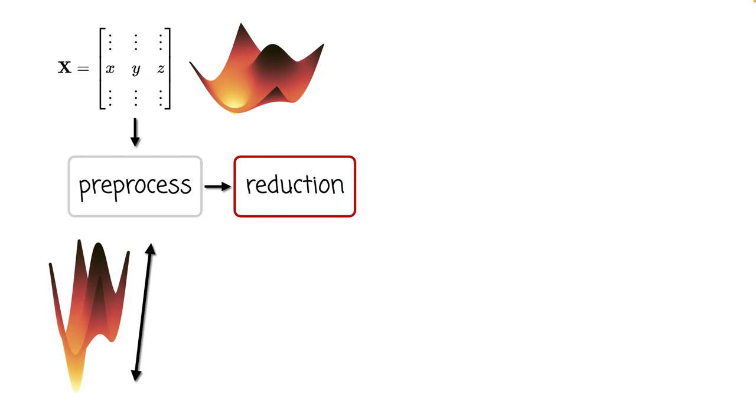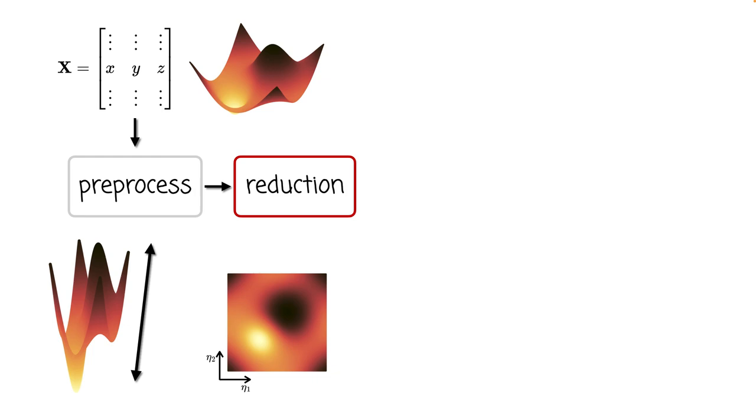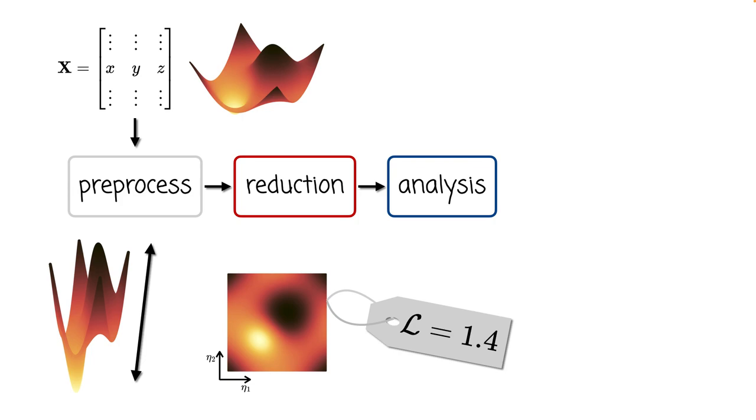Next, the preprocessed dataset can be passed to the reduction module to reduce data dimensionality. In the analysis module, we include numerous techniques for assessing the projection quality. For example, the user can compute the cost, which turns a projection topology into a single number.